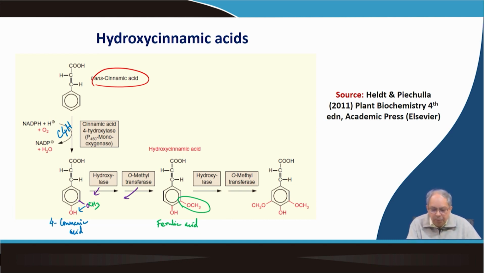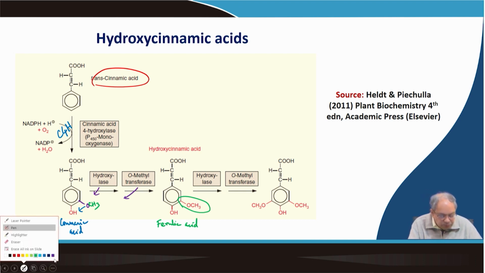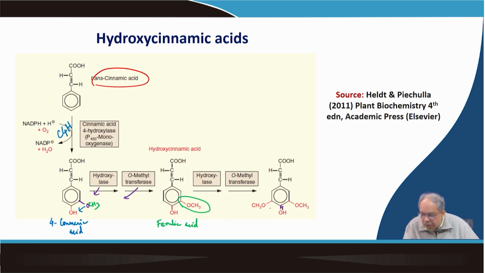Although the formation of ferulic acid is not straightforward in this way, which we will see later, theoretically ferulic acid can be formed from paracumaric acid by enzymatic steps. First there will be hydroxylation, then there will be a methyl transferase, which requires a methyl group donor like SAM, and which makes ferulic acid. Ferulic acid subsequently again undergoes hydroxylation at the 5 position. This is 4 position, this is 5 position, this is 3 position.